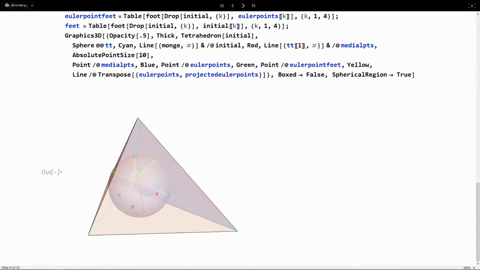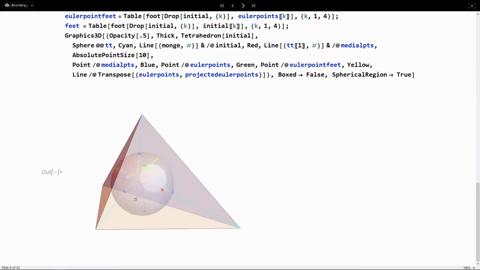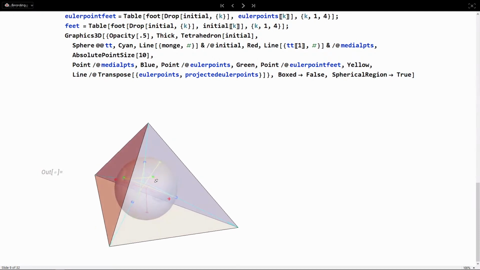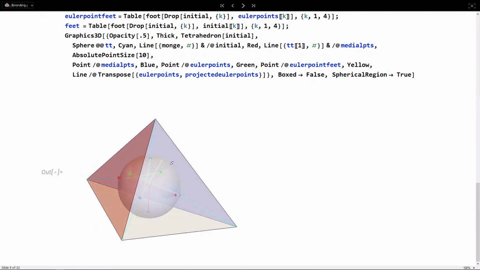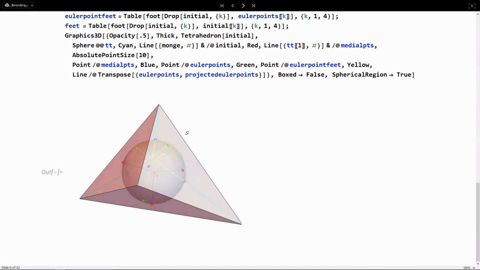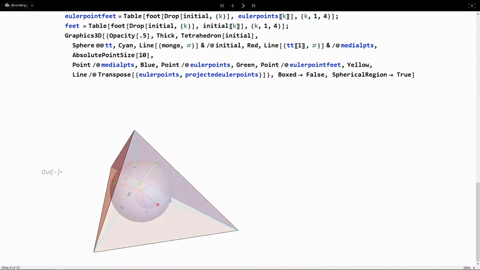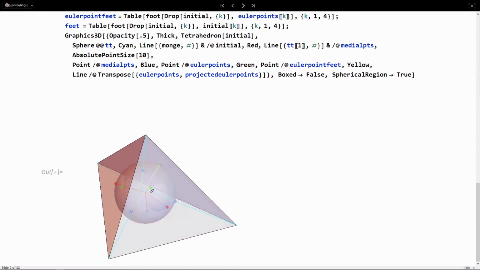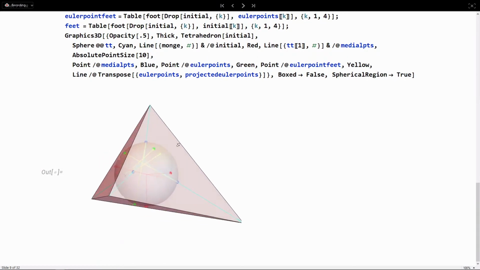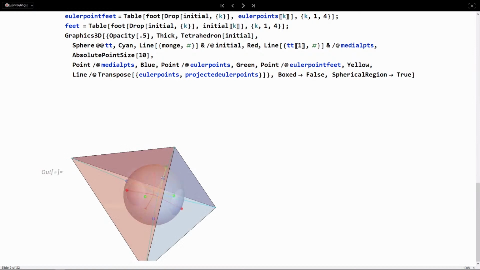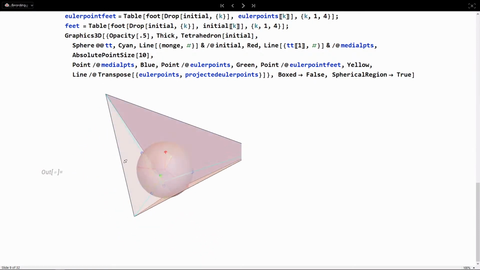The 1/3 points are given in blue, and then in yellow and green are the feet of those points. When you combine those, you get these 12 points that are all on the sphere. So in the center there is the 12-point sphere.